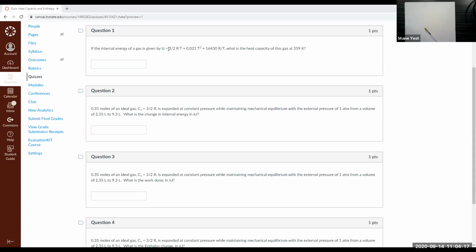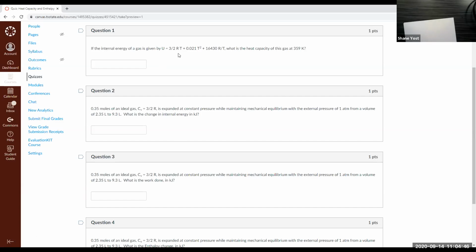Right, u is given by 3/2 RT plus some value times T squared plus some value times R divided by T. What is the heat capacity of this gas at 359 Kelvin? Right, the heat capacity of the gas, what do we do?